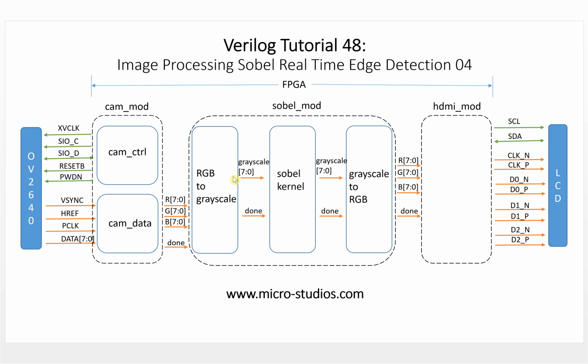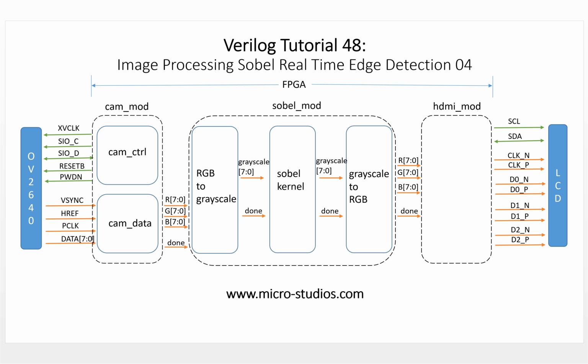The second is the Sobel kernel, which after the algorithm calculation produces the grayscale output for the next module. The last module converts the grayscale value to RGB and provides the data for the HDMI module to display.